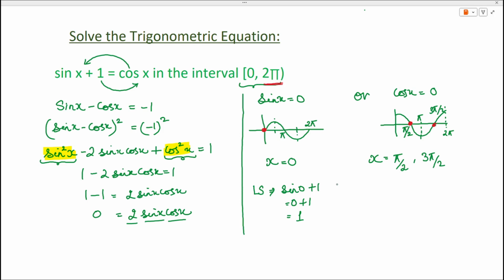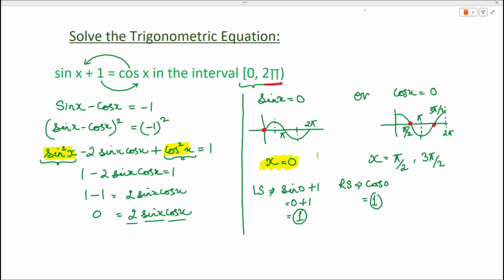So our left hand side is 1. Let us look at the right hand side. For the right hand side we have cos 0, and cos 0 is equal to 1. So x equal to 0 satisfies our original equation.